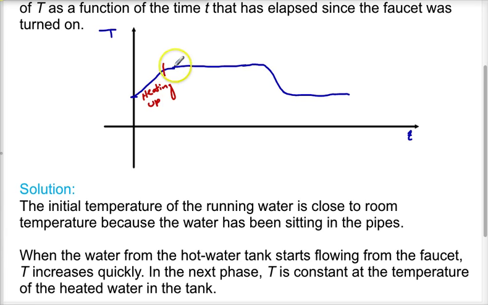and then all of this water here that's at a constant hot temperature, this is all coming out of the tank. And then from this point on, when the water starts to decrease in temperature, this is when we're running out of hot water.